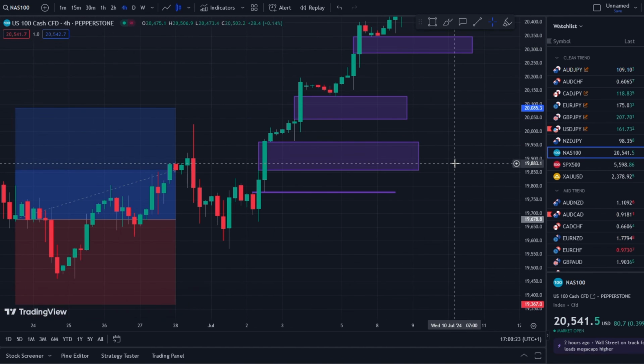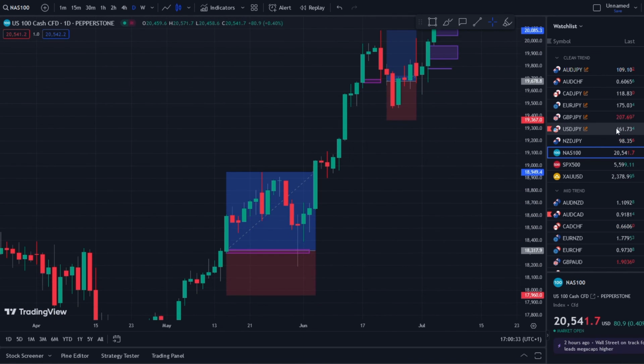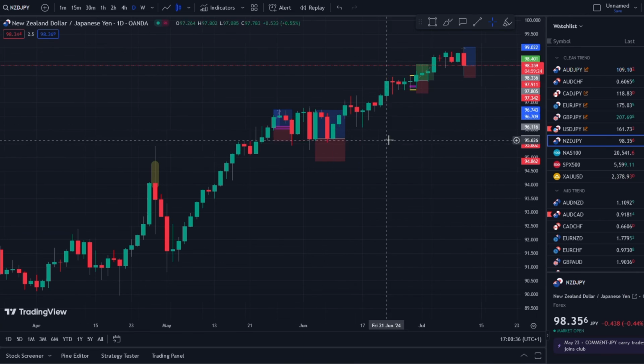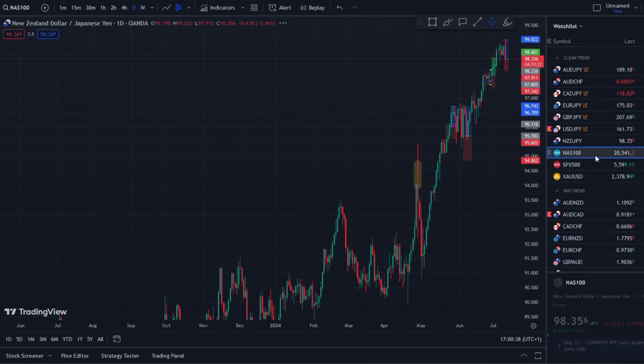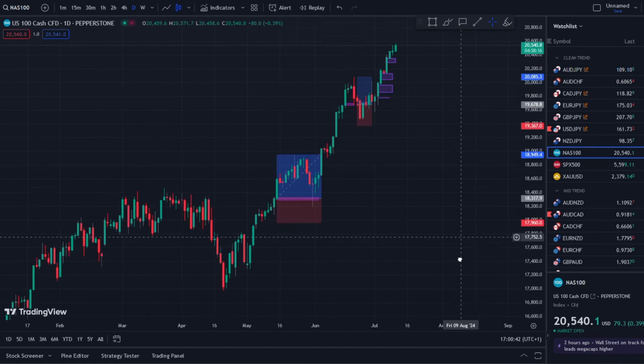It's very simple. You can use imbalance as an area for direction where price could go, or a reason for price to go. So for example, in this situation, this is NAS, so it's kind of different. But in Forex, it's much more simple because it doesn't massively go in one direction, whereas that NAS does. But we could get a good idea for a pullback.